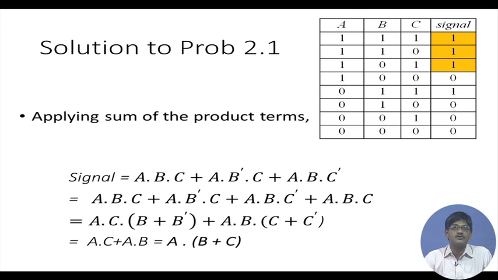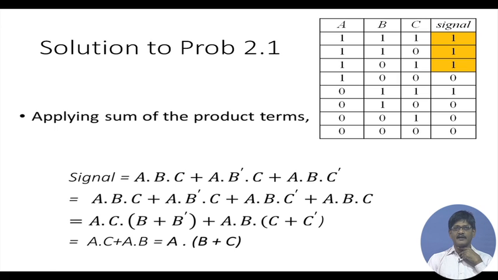Signal should be 1 if A and B and C is 1, or A and B dash and C is 1, or if A and B and C dash is 1.